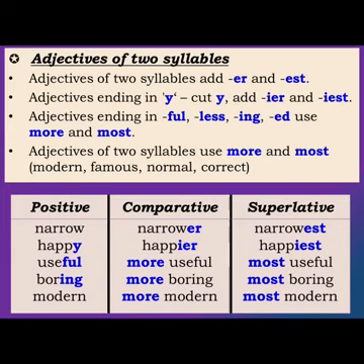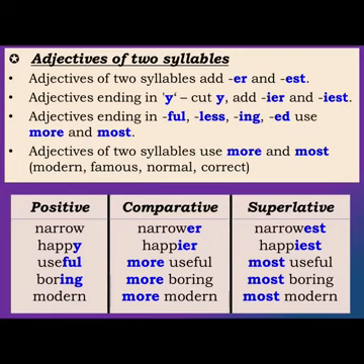Let's take an example. The adjective happy is given in positive degree. At the time you have to cut Y, add IER in comparative, so it becomes happier. Add IEST in superlative, so it becomes happiest. So we can say happy, happier, happiest.